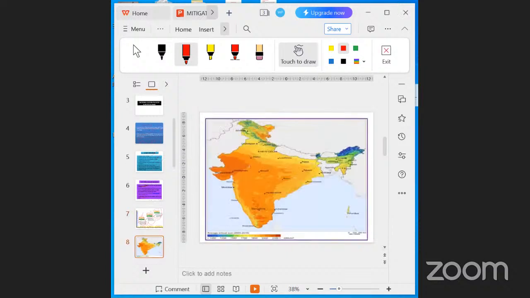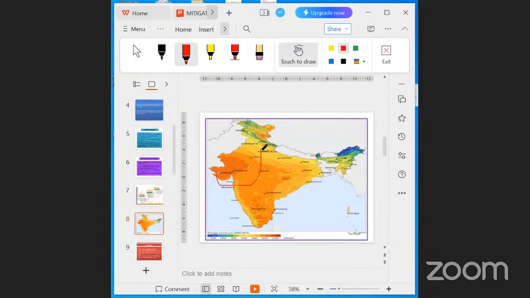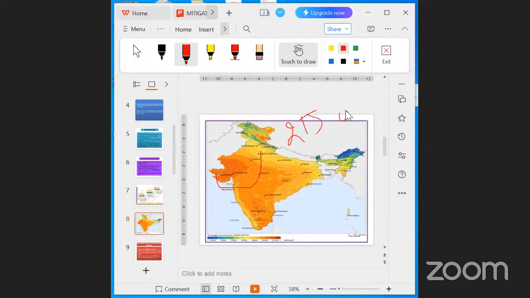So this map of India shows the huge potential for solar power generation in the country, right? If you look at the orange colored regions, these are the regions which are very conducive for extraction of solar power in the country. So they have the potential of how much? 2150 kilowatt hour per meter square.